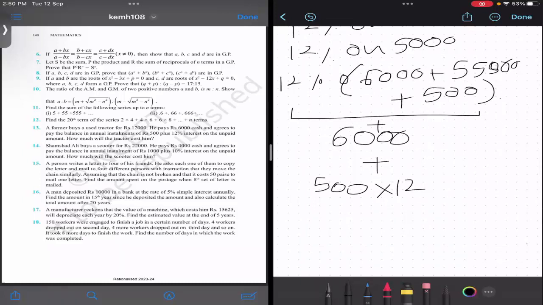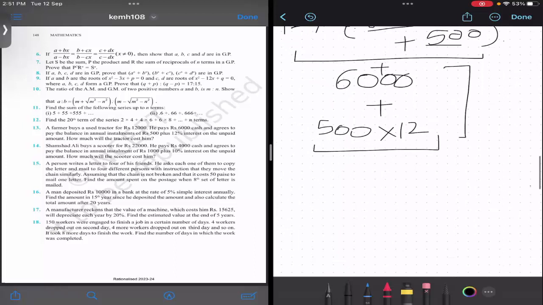Right. So this is going to be your final answer. Now, the number of terms in this particular AP of 6,000 plus 5,500 plus 5,000 and so on and so forth are also going to be 12, because he paid 12 installments of 500 each to get to 6,000.